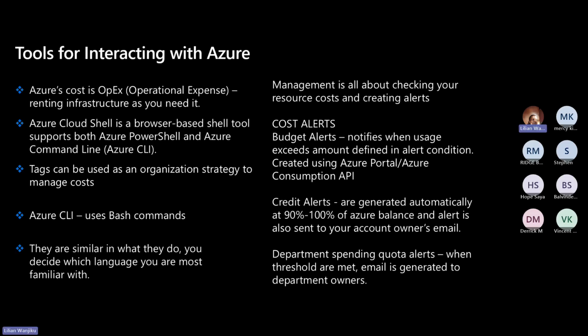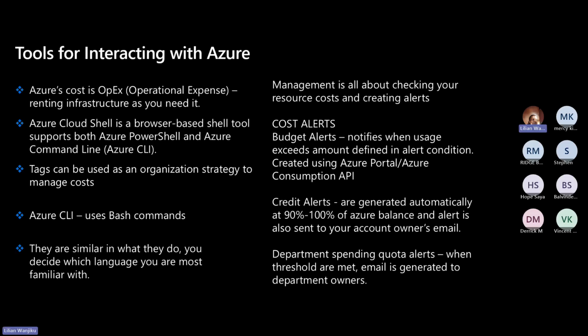We're going to check this out in the Azure portal, so don't worry. So the Cloud Shell contains Azure PowerShell and Azure Command Line. These are like terminals where you can navigate Azure. So maybe you want to add something to your resource, or you want to put up some settings for your resources. You can use the Cloud Shell to do that.